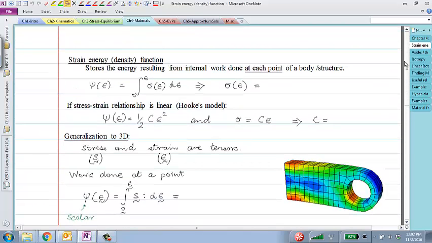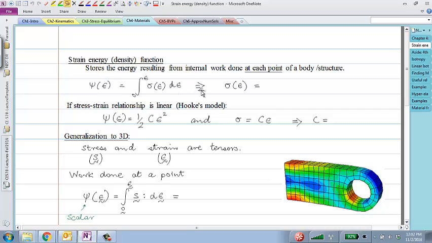For the one-dimensional model, let's take a look at what this means. We said that the stored energy density will be stored at each and every material point, so from point to point it will be different. This is the expression that we came up with: the stress as a function of strain, integrated through the deformation process from some initial zero strain to some final strain, gives me the strain energy density stored.